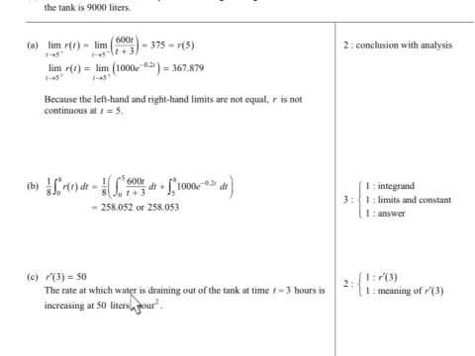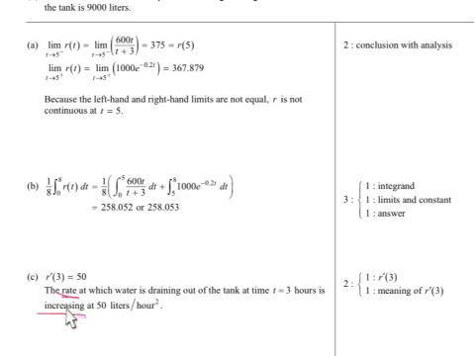I love their description: the rate at which the water is draining, in context. The word rate here is very important, and the word decreasing is also very important. The rate at time 3 is increasing, not decreasing, because that's a positive 50. The units are perfect, liters per hour squared, because you took the derivative of it.